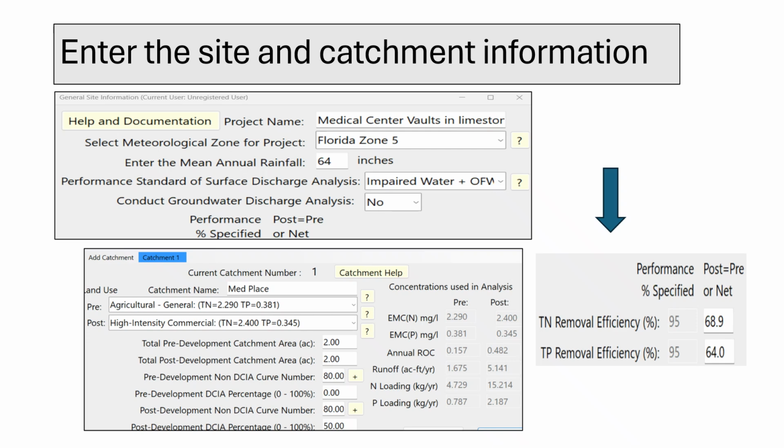When we consider the watershed characteristics, both the necessary land use types and the event mean concentrations, or EMCs, are already incorporated into the BMPFast software, simplifying our data entry. It's crucial to remember that once all the catchment data has been entered, the performance percentage specified for this scenario will consistently be that highest level of 95%.